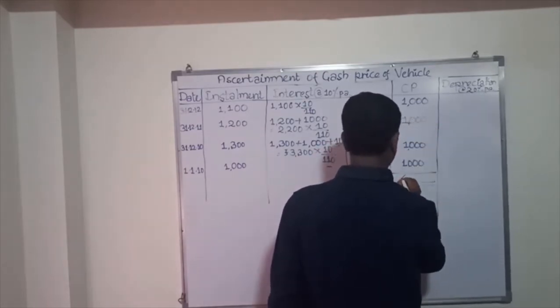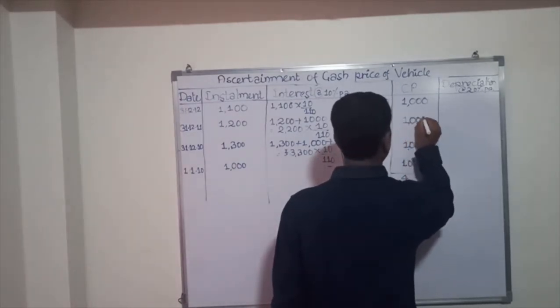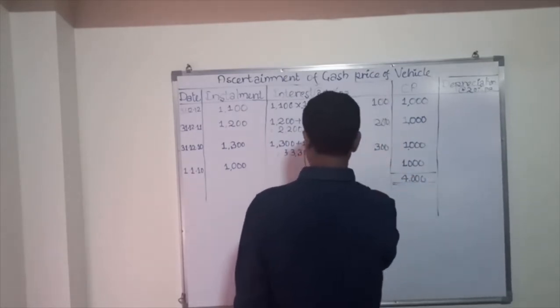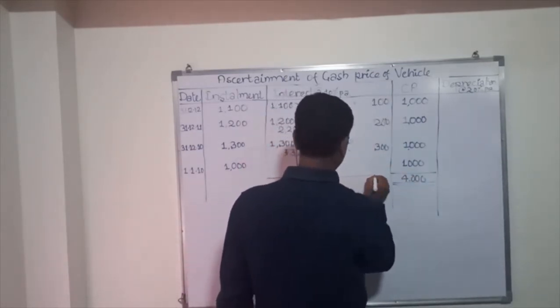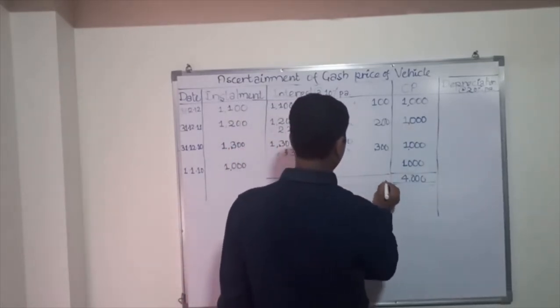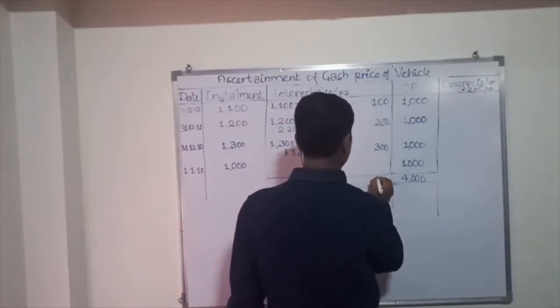So it is 4000 here. Now let us take the total of the interest column. So 600.